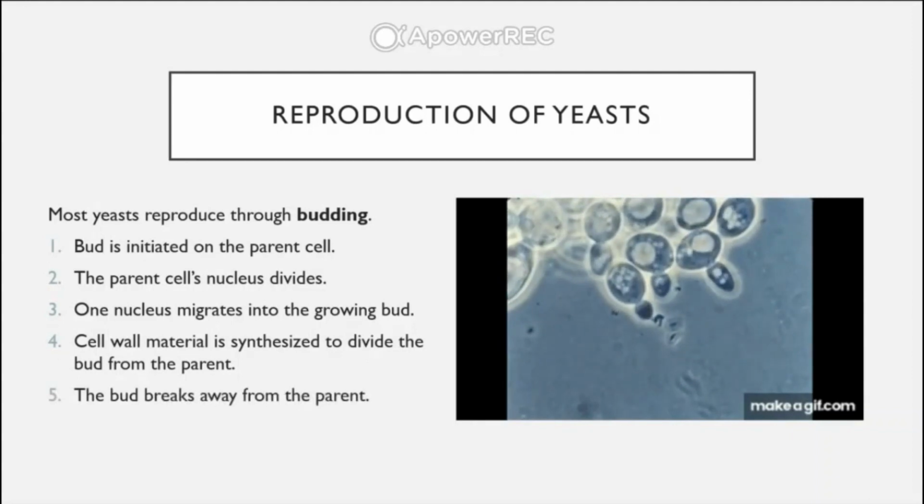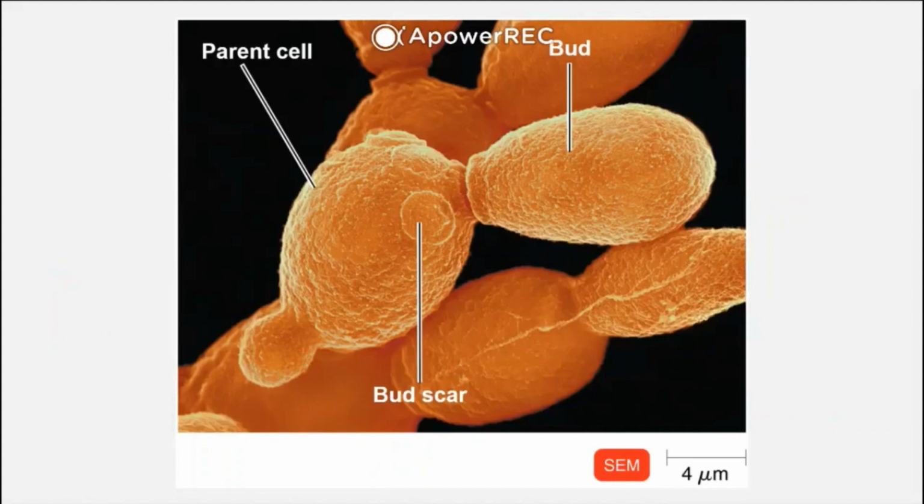And eventually the bud breaks away from the parent. And we can see the remnants of this budding process by looking for bud scars, which occur on the outside of the cell. So each one of these marks is where a septum was formed and a separation of a daughter cell from the parent cell is completed.